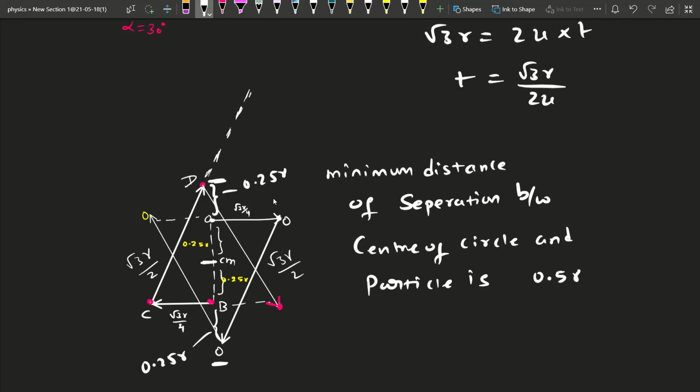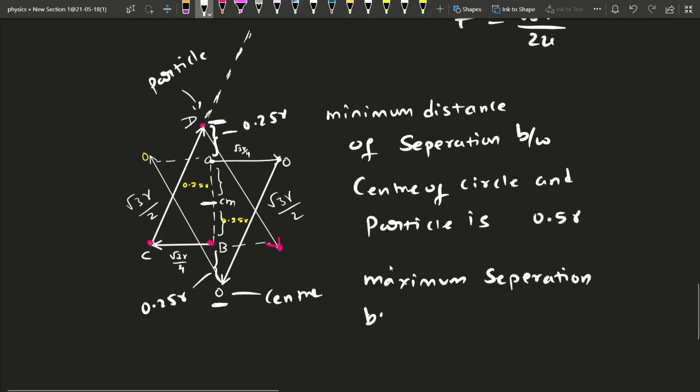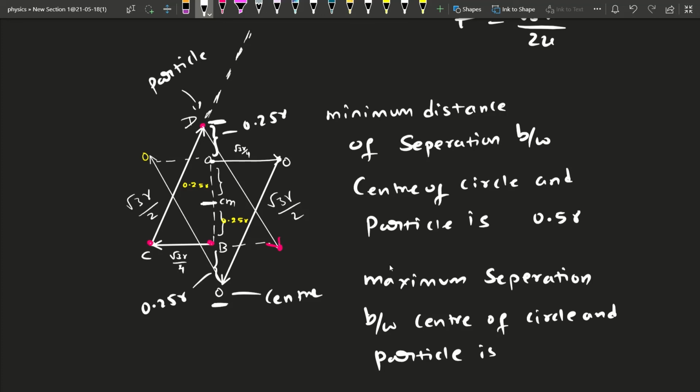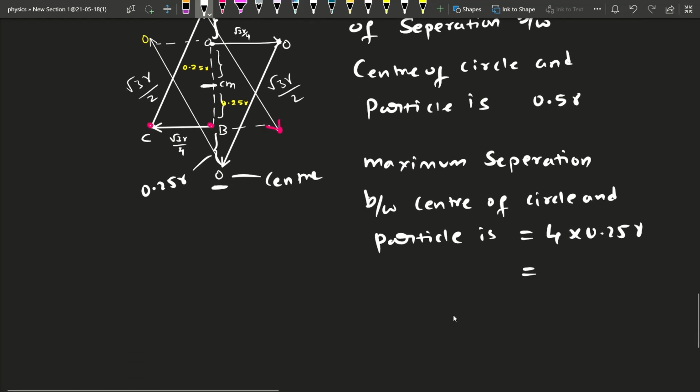And you can see the maximum separation between the center of the circle and the particle is 0.25, 0.25, 0.25, 0.25. That is 4 times 0.25 into r. So that will be r.